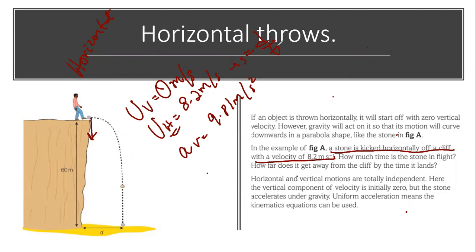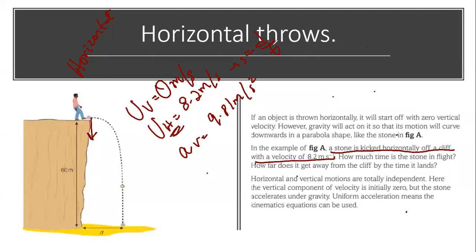But isn't it also impacted by, since the resultant velocity is different, won't whatever you get from this be incorrect? No, because the answer you'll get from this is going to be the answer only for the horizontal part. For example, let's say you want to find out the time.